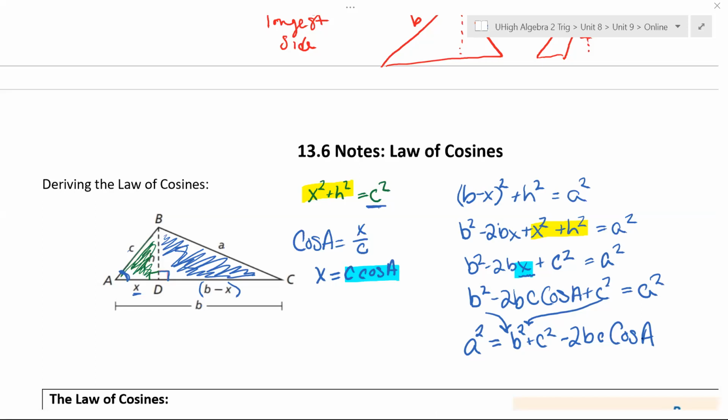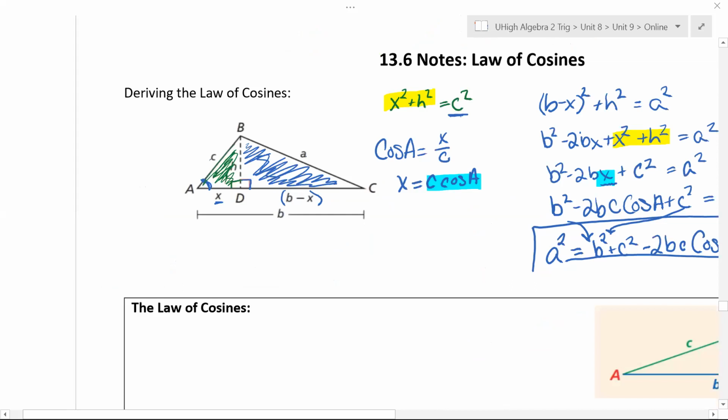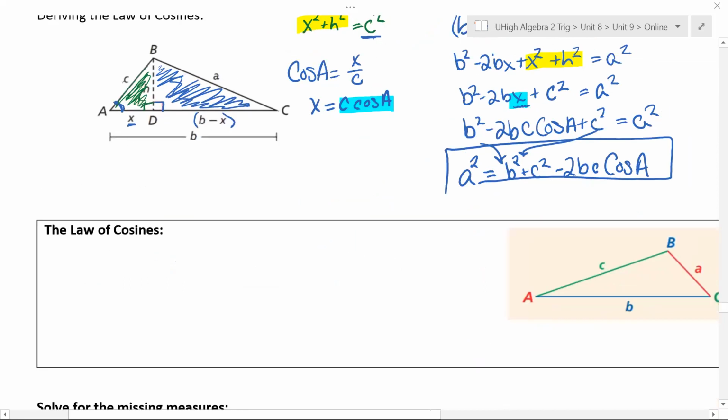So I'm left with this relationship, which is my law of cosines: a squared equals b squared plus c squared minus 2bc cosine of A.